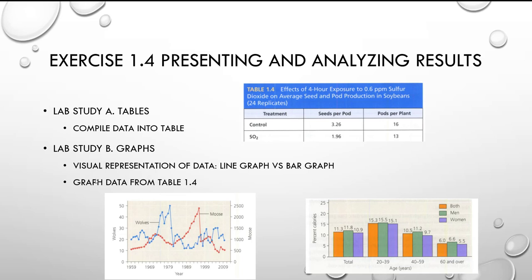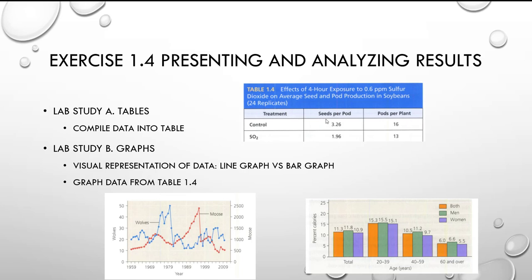So you're going to play around with graphing data. You're actually going to graph this data, so think about how you're going to graph it. In this case, we have our treatment, so that's an independent variable. But in this case we have 2 dependent variables, so they measured 2 things. They measured the seeds per pod and the pods per plant.